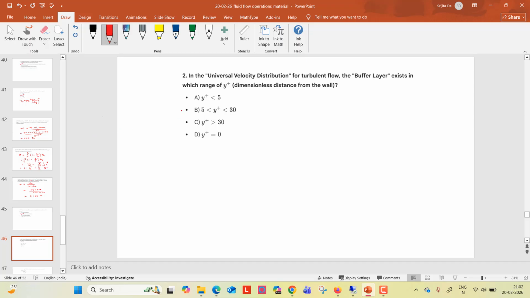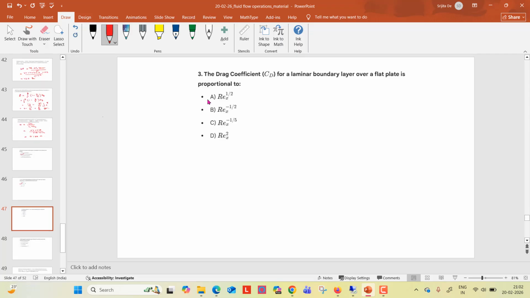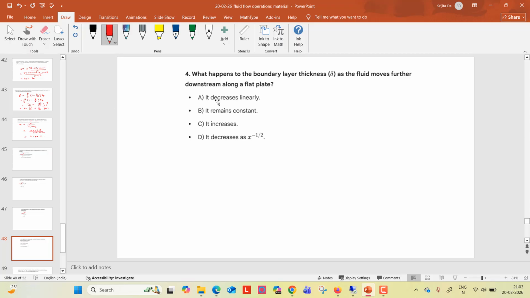Next, the drag coefficient CD for a laminar boundary layer over a flat plate is proportional to Rx to the power minus half. So it is option B. Next, what happens to the boundary layer thickness as the fluid moves further downstream along a flat plate? The boundary layer thickness will increase.